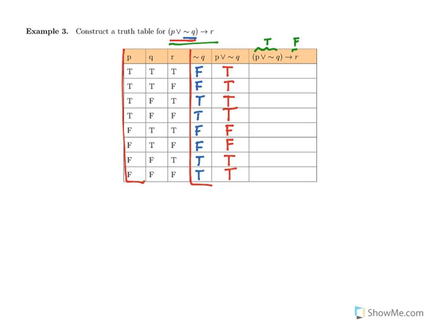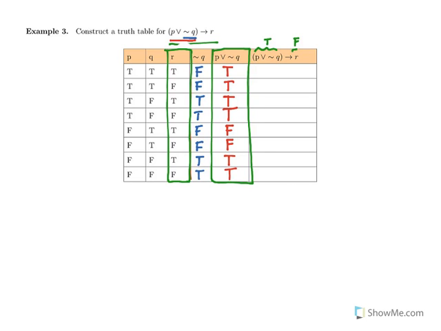Otherwise, it's going to be true, either vacuously or just because it's true with the conditional. So let's look for the points where P or not Q, which is our first part here, is going to be true, but our second part is going to be false.